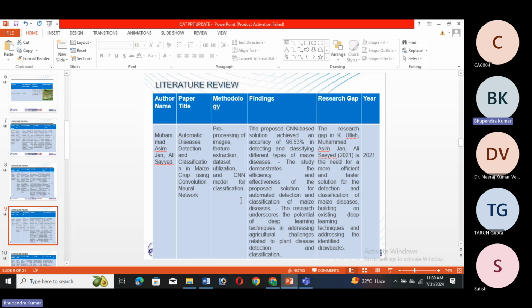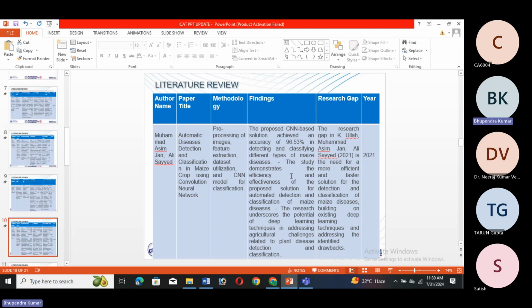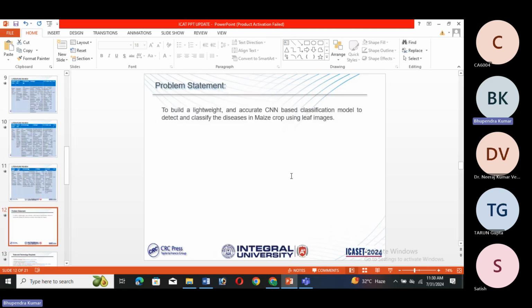The next paper title is automatic disease detection and classification in maize crop using CNN, and the research found an accuracy of 96%. These are some of the literature review. The problem is to build a lightweight and accurate CNN-based classification model to detect and classify diseases in maize crop using leaf images.